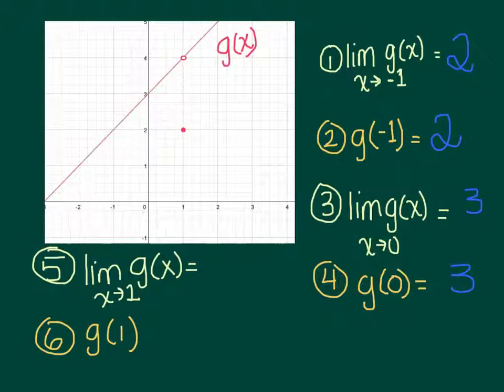Again, not much difference between the limit and the actual value of the function. Our last example with this graph is going to be looking at the limit of g of x as x approaches 1 and comparing that to the function value at 1. So if I now draw in a vertical line down here at 1, the function appears, if I look close to 1 over here on the left and close to 1 on the right, to be approaching a height of 4.